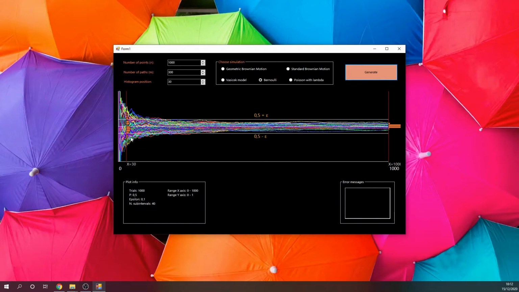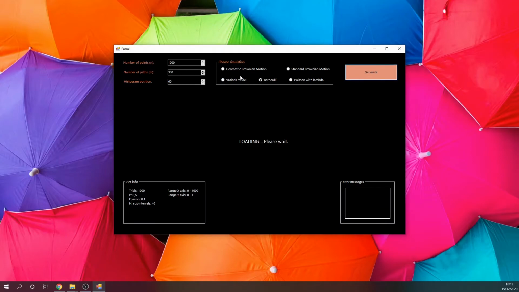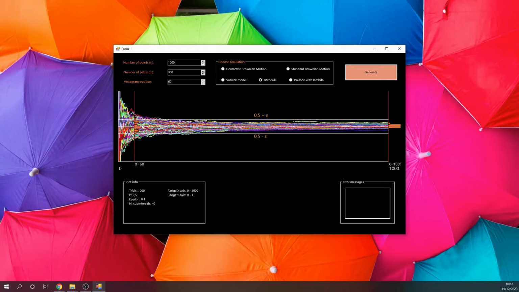So if we increase in time, we start to have all the frequencies greater than zero always here. Let's choose a good position to understand better.